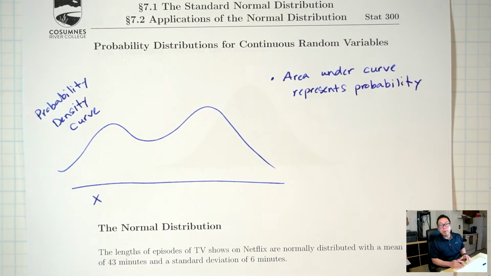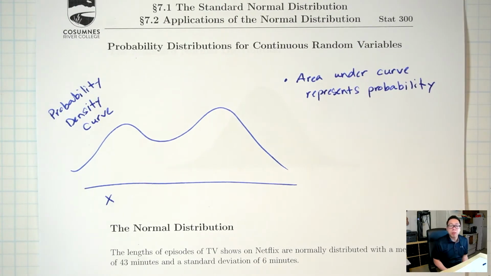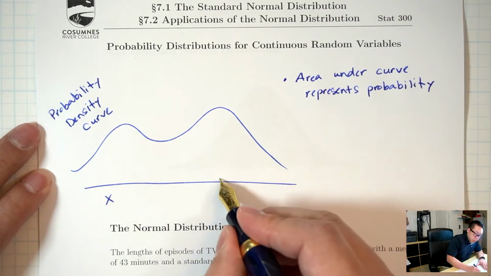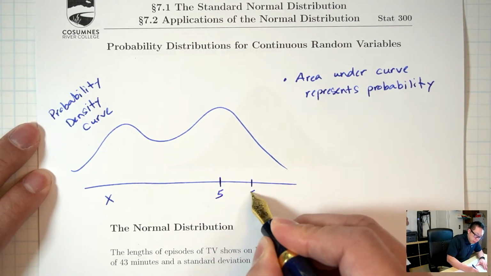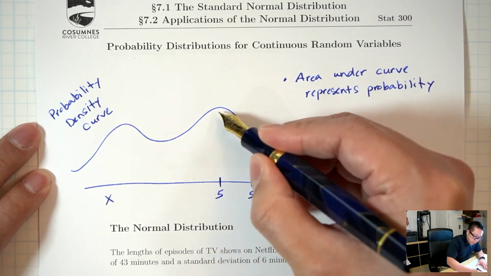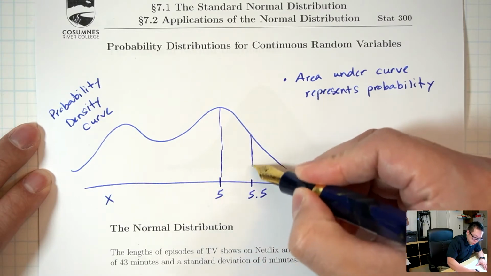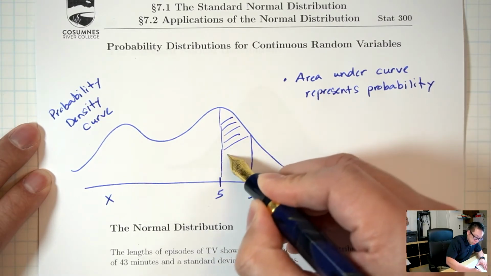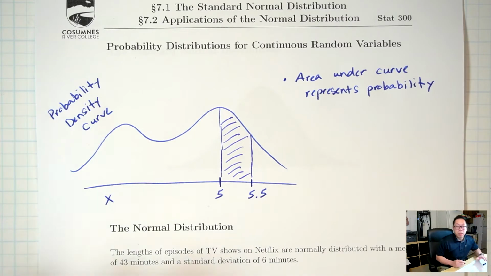For instance, if I'm interested in the probability of getting someone who is between 5 and 5.5 feet tall, you would find the area under the curve between 5 and 5.5. Whatever that area is the probability of getting someone who is between 5 and 5.5 feet tall. For those who know calculus, this is going to be the integral of this curve between 5 and 5.5.